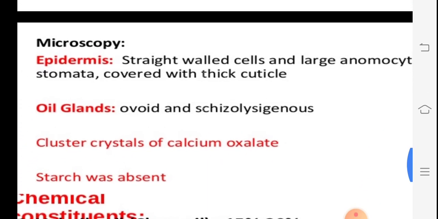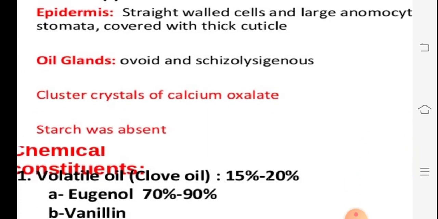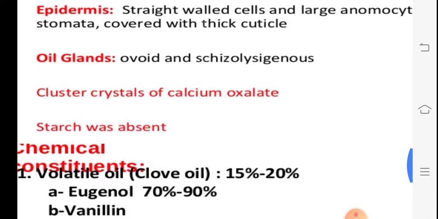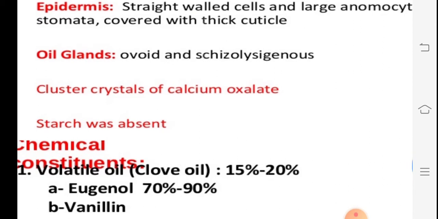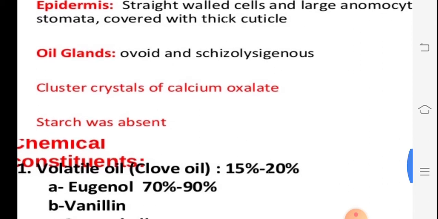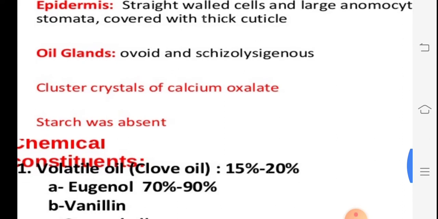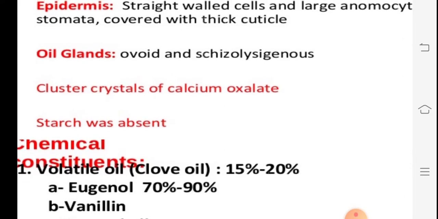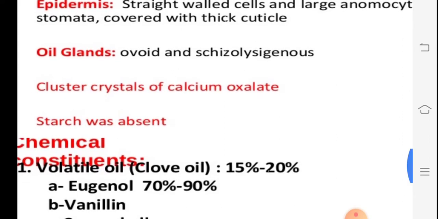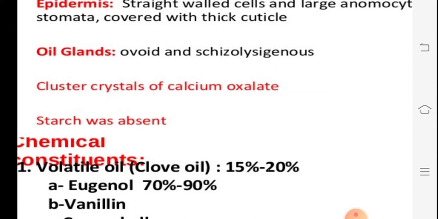Then in microscopy we have to write these characters. Straight walled cells are present, large anomocytic stomata are present, covered with a thin cuticle. It shows oil glands, which are of the lysigenous type, and they store the oil.